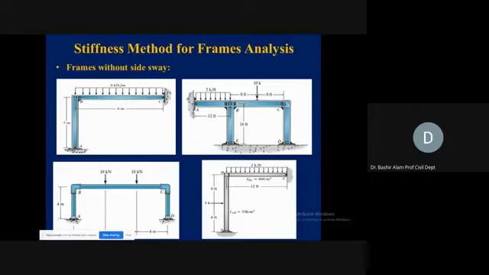Now, the last figure, which is the bottom right one, at A we have a pin support, at B we have a rigid joint, at C we again have a pin support. Although at member AB, if you see at the middle we have a rightward directed 4 kip load, this will try to push it to the right, but at C we have the capability to resist the horizontal force.